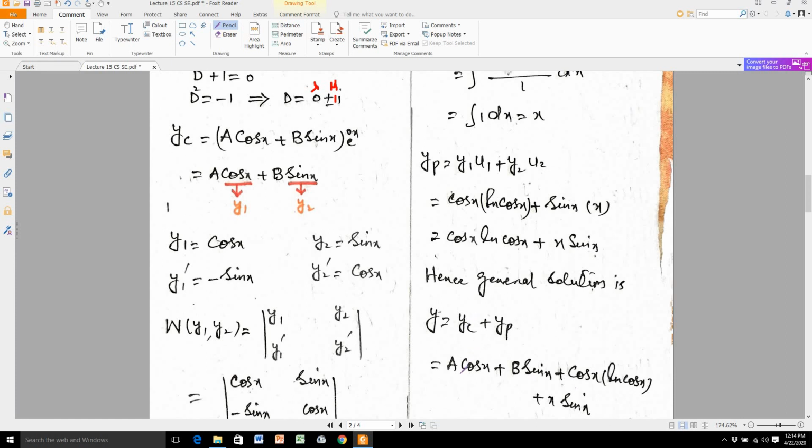Here the value of yc is a cos of x plus b sin of x, plus then the value of yp is equal to cos of x log natural cos of x plus x sin x. So students, you see here how this method helps us in finding the general solution. It is more easy as compared to the undetermined coefficients method.